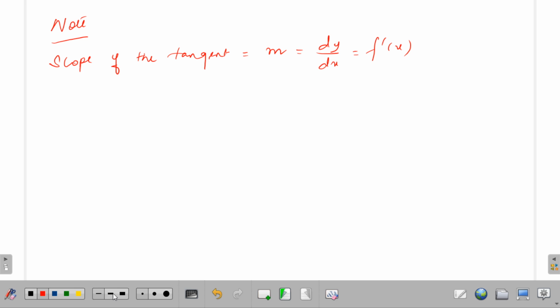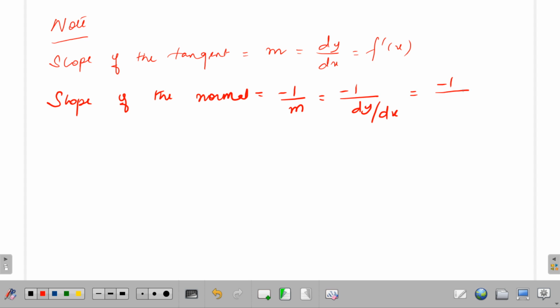Similarly, the slope of the normal is minus 1 by m, or minus 1 by dy by dx, or minus 1 by f dash x. These are the first and second points.